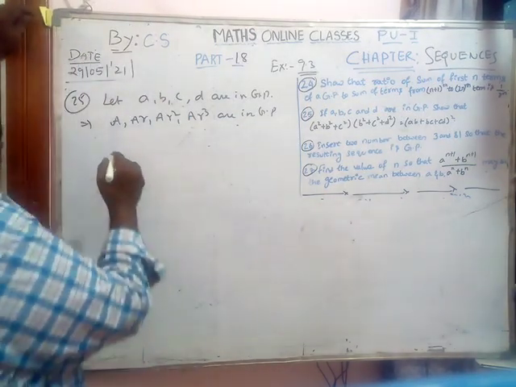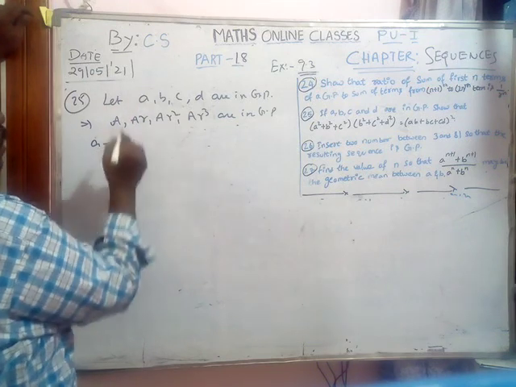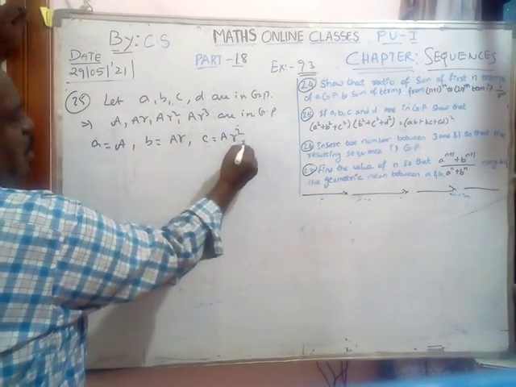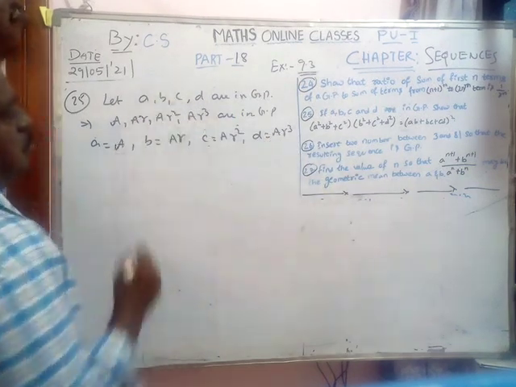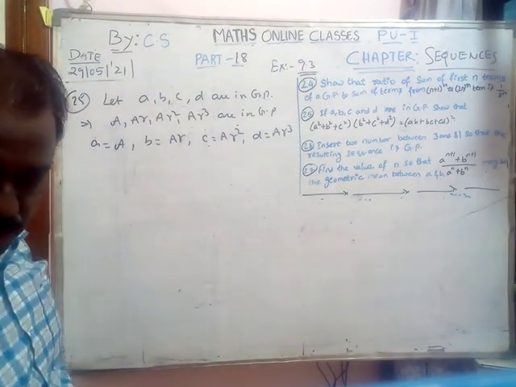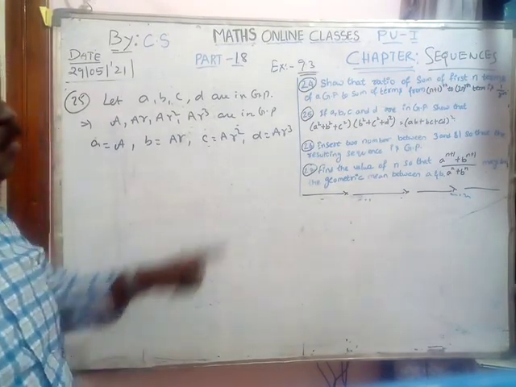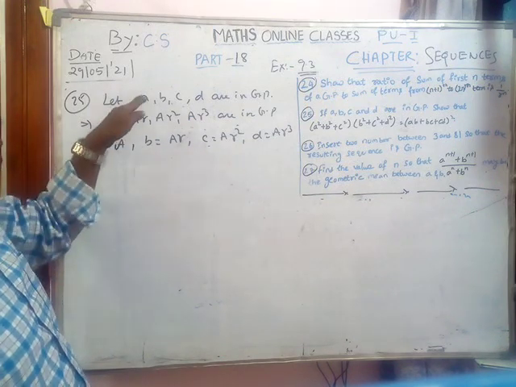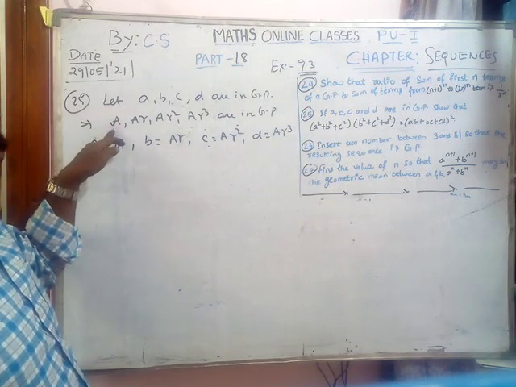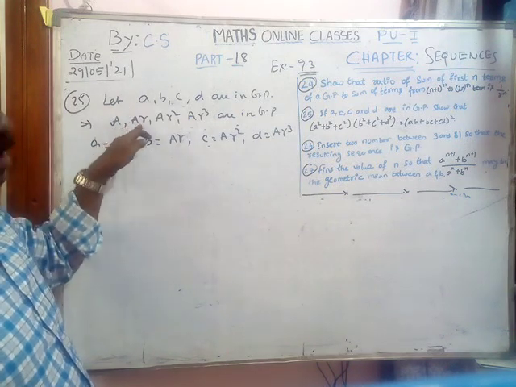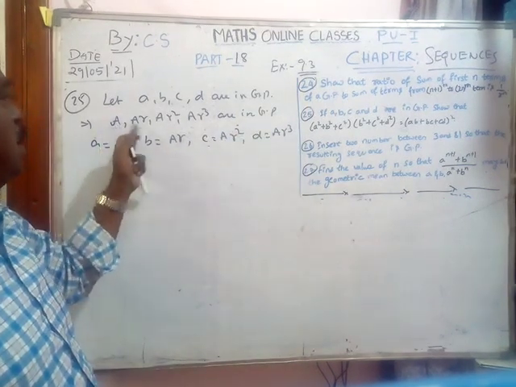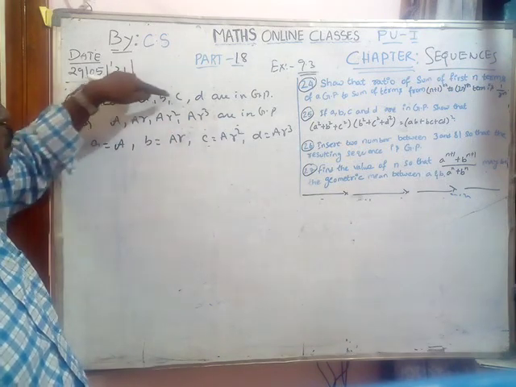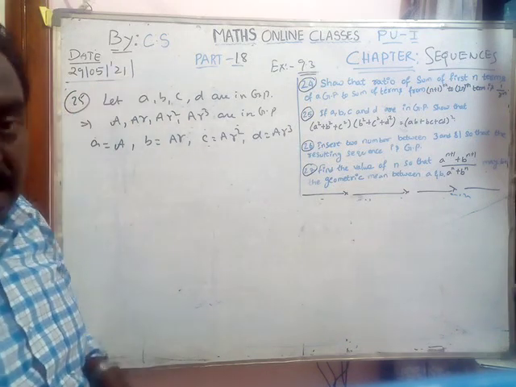So here the first term, small a, is capital A, small b is AR, small c is AR square, small d is AR cube. I am comparing. We are given A, B, C and D are in GP. Small a, the first term, is capital A. B is AR, which are in GP. So A, AR, AR square, AR cube. Like that I am taking.